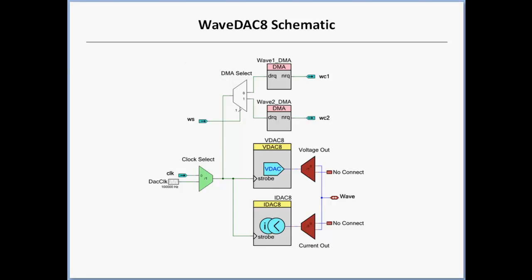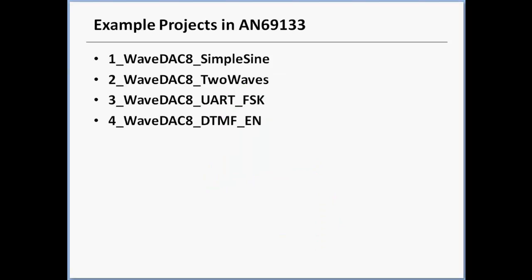The DMA channels transfer data from two different memory arrays, one for each waveform, to the DAC depending on the waveform select input. The configuration dialog and the component's API take care of setting up the internal components, including the DMA, so the designer doesn't have to. The AN69133 application note goes into more detail about the WaveDAC 8 operation and sampling.